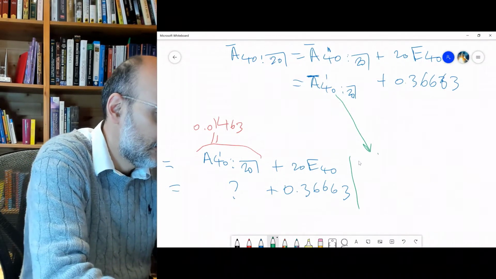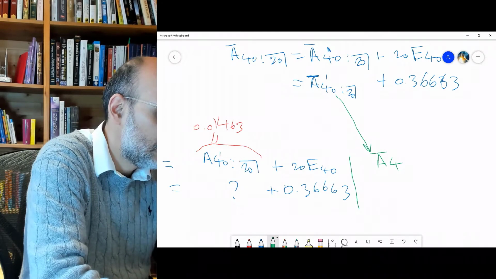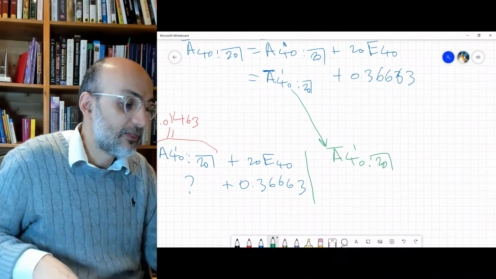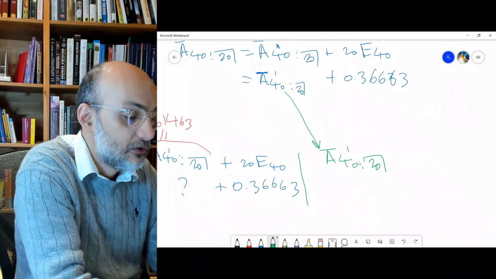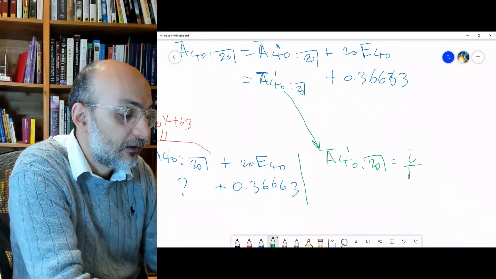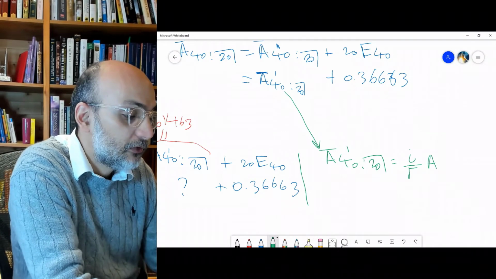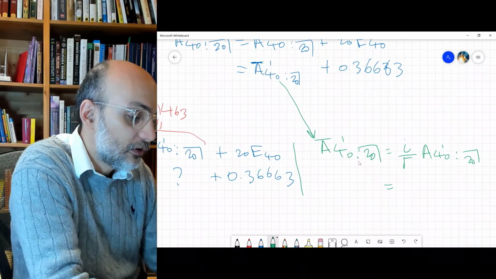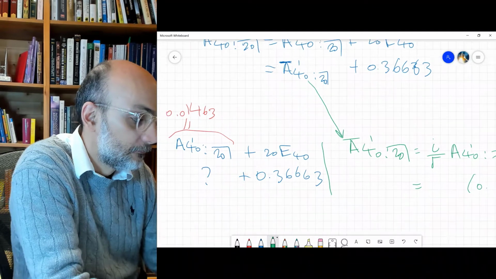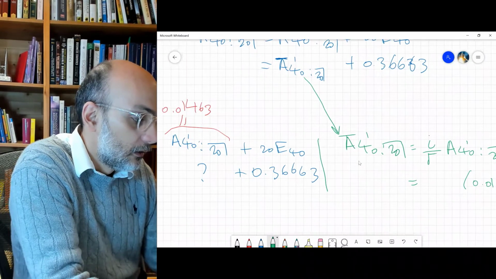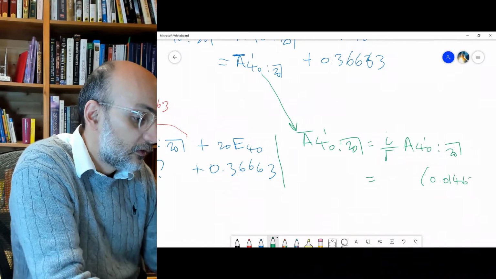the A40 with bar, the continuous case. And you know that you use UDD, uniform distribution, so it will be i over delta, the A40 one without bar, and the A40 without bar, which we calculated, 0.014663, right?